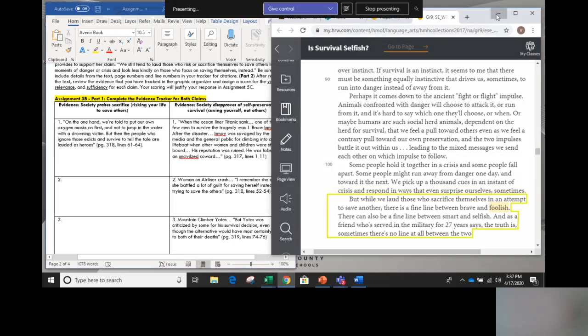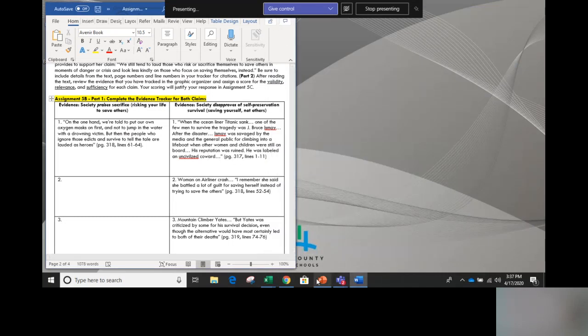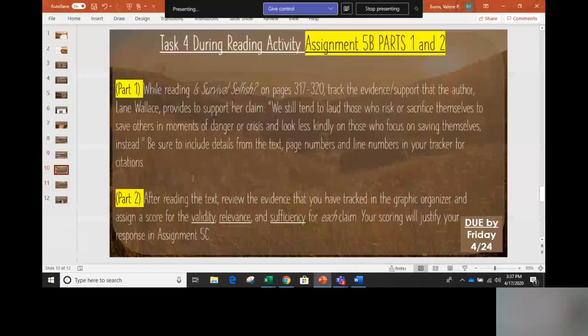Okay, so I'm going to minimize this here. I'm going to bring up the PowerPoint once again. So we completed this first part here. After reading the text, review the evidence that, while reading Survival Selfish, track the evidence the author provides to support her claim.